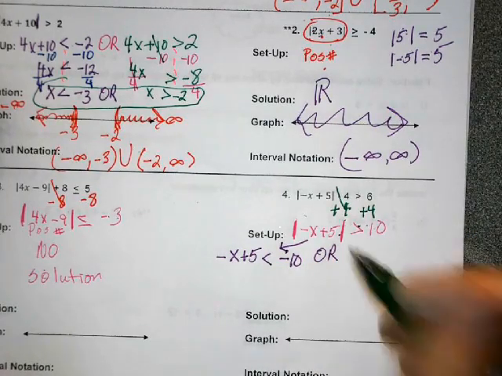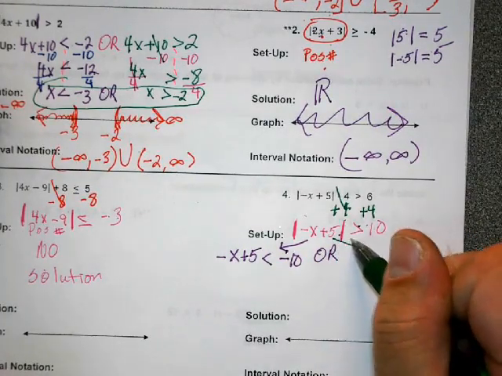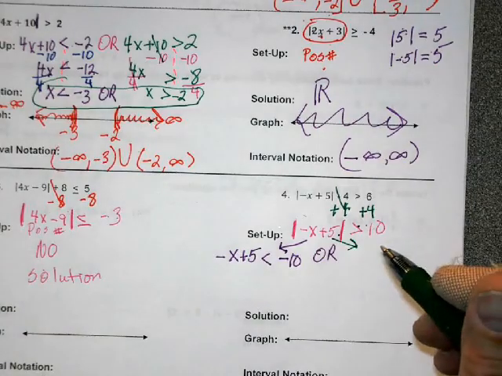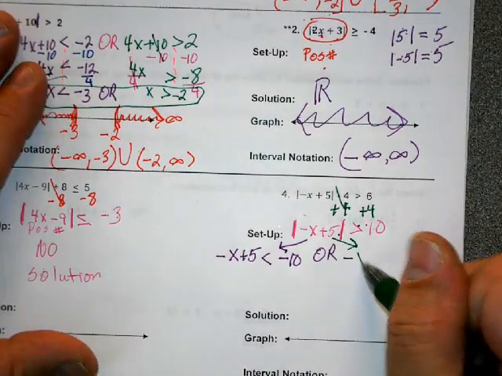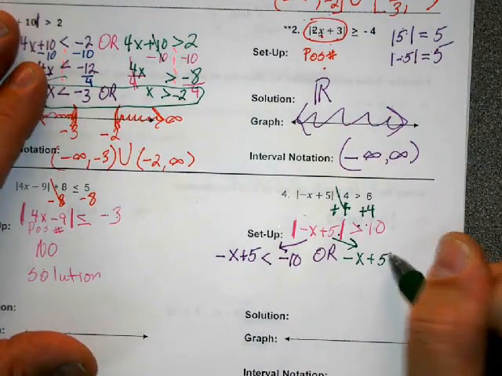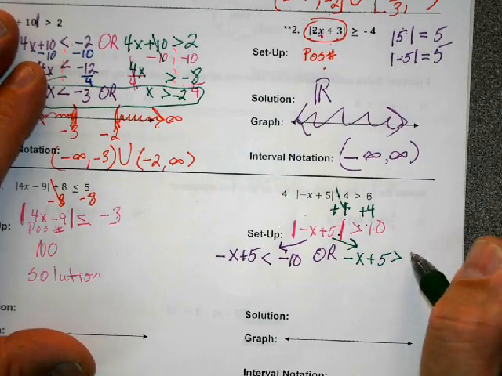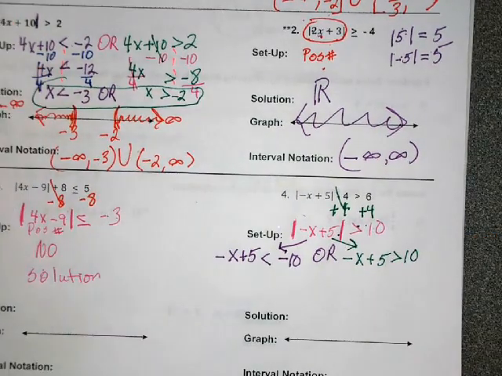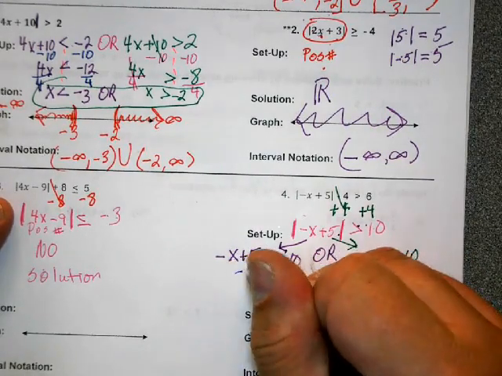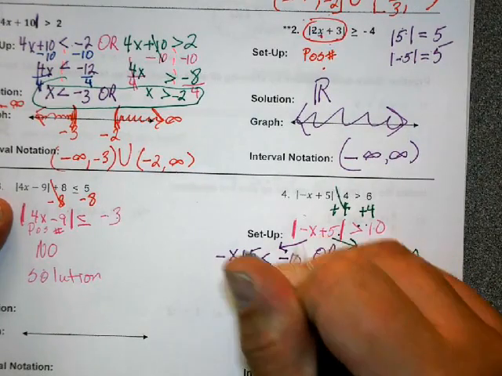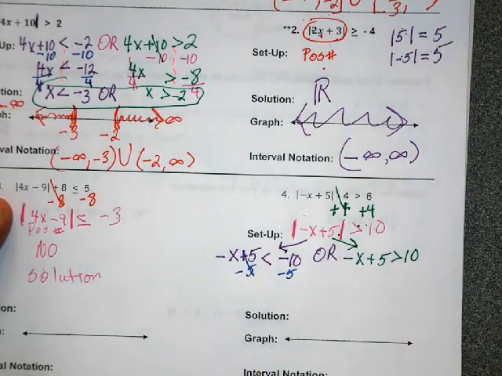Negative x plus 5 is greater than 10. Now we have to solve these, right? Minus 5, minus 5, negative x is less than negative 15. What do you do now? Got to get rid of the negative sign, right?